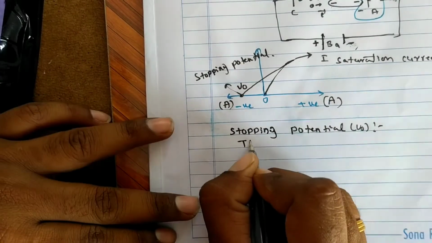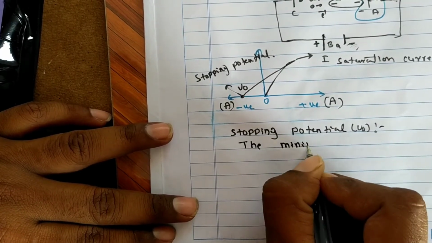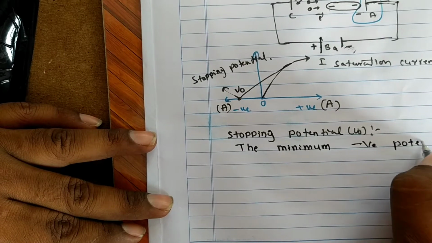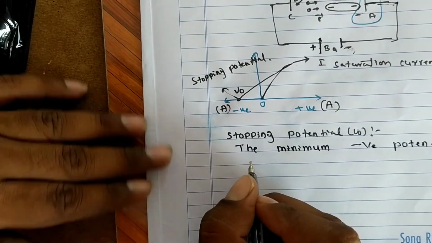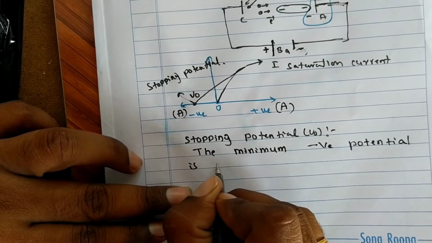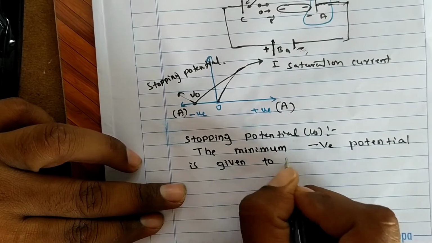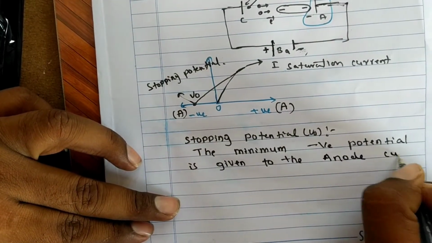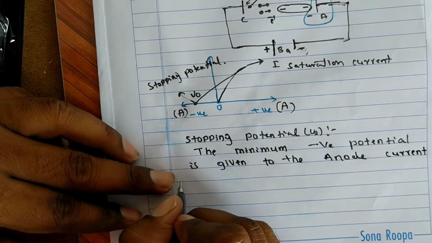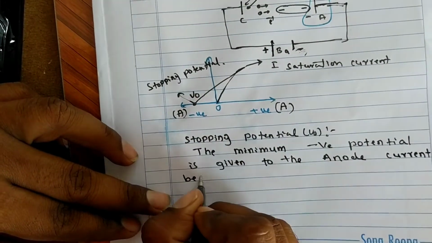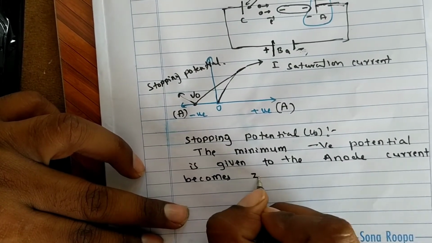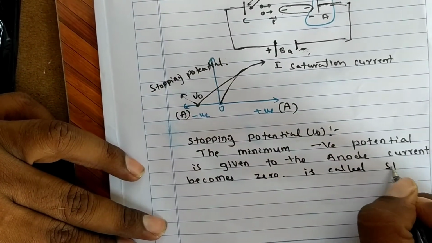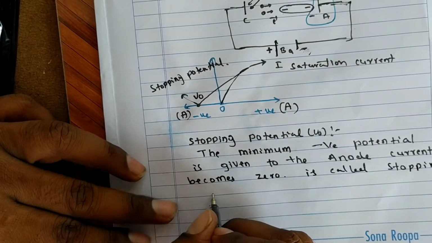The minimum negative potential given to the anode, at which the photoelectric current becomes 0, is called stopping potential.